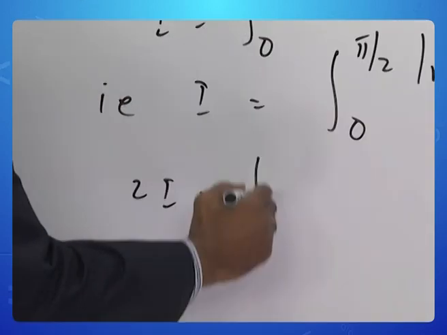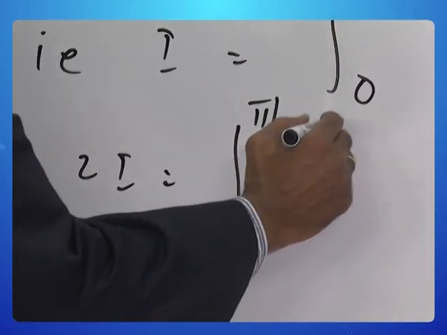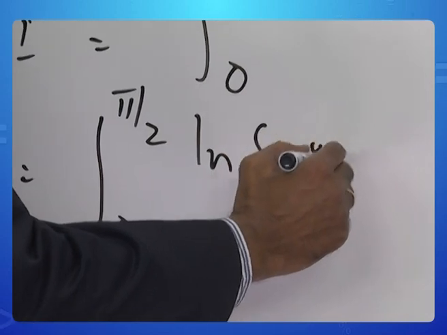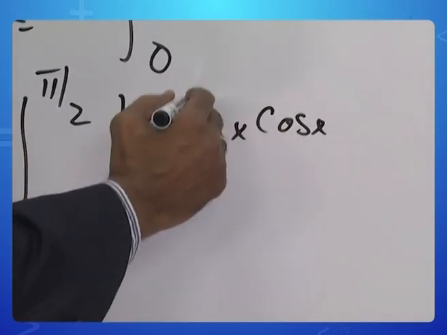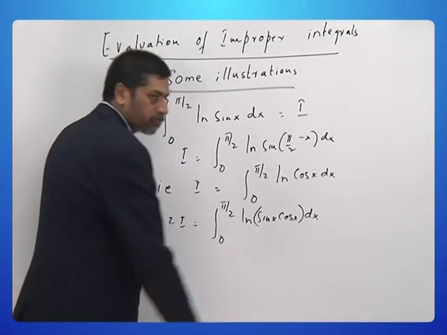2I is equal to integral 0 to pi by 2 log sin x cos x dx.